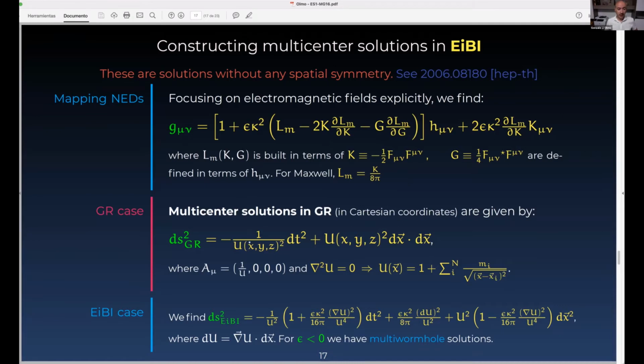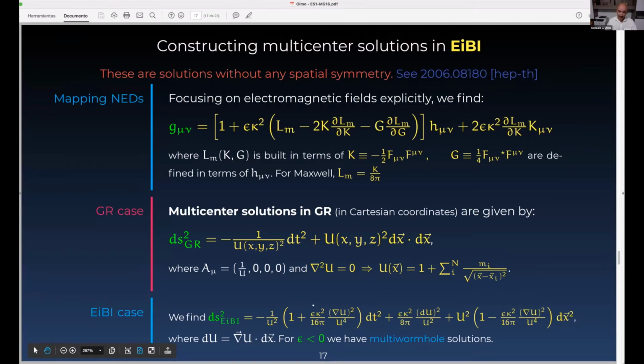If this is the solution of GR with U being a multi-center function, a harmonic function that satisfies these equations with many centers, each xi represents a center, and this is the mass of the center, then this solution in GR generates this other solution in Born-Infeld gravity.